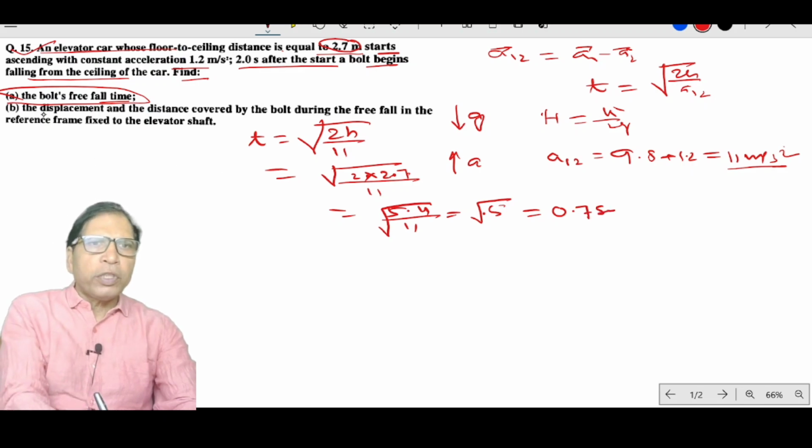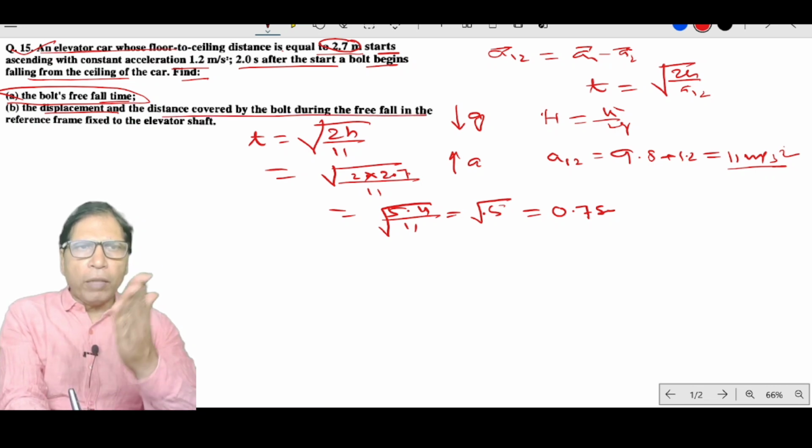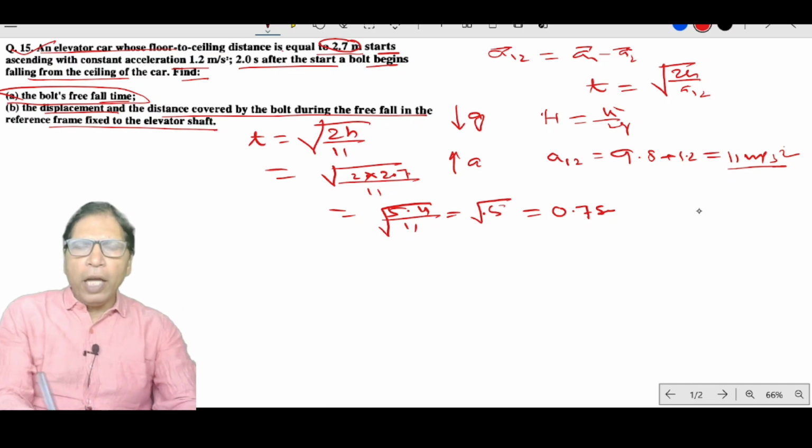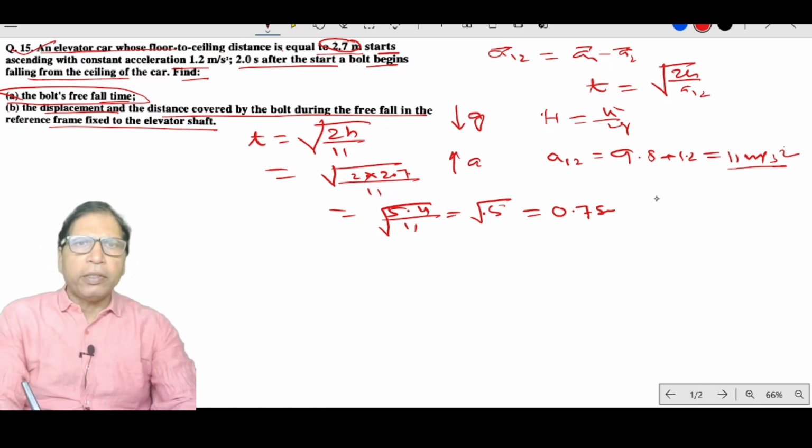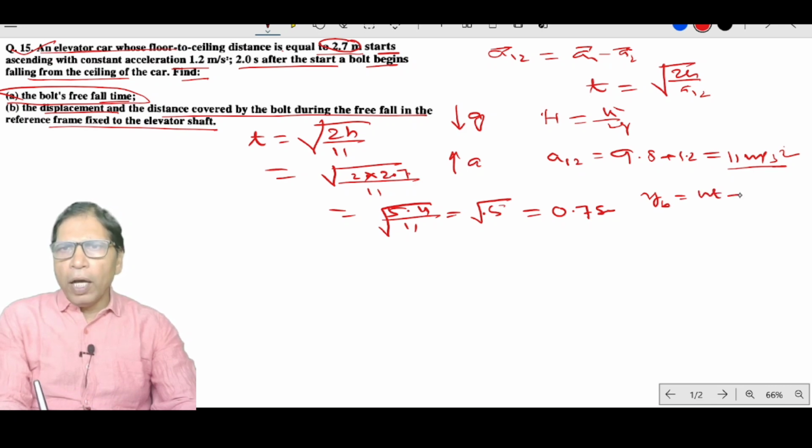Okay. Now the displacement and the distance covered by the bolt during the free fall in the reference frame fixed to the elevator shaft. Now the displacement of the bolt, suppose this is YB, equals UT plus half GT square.